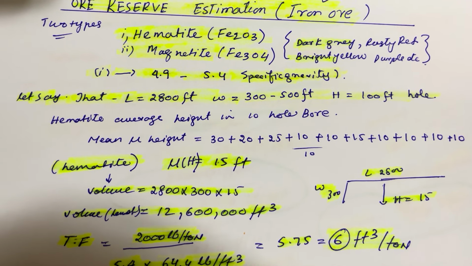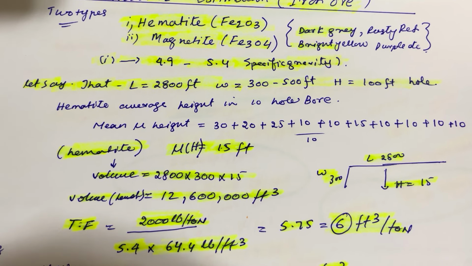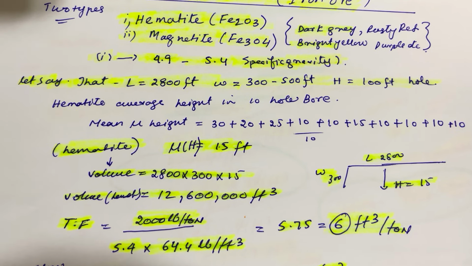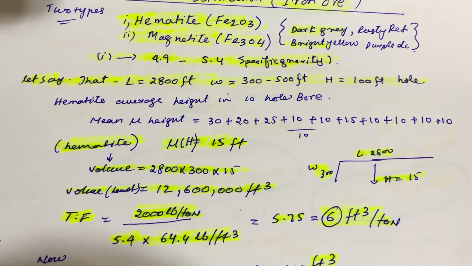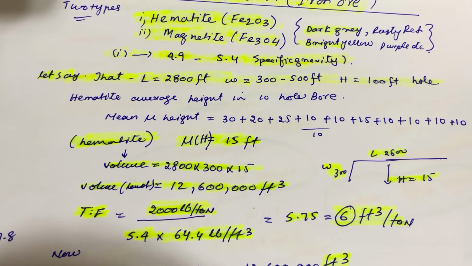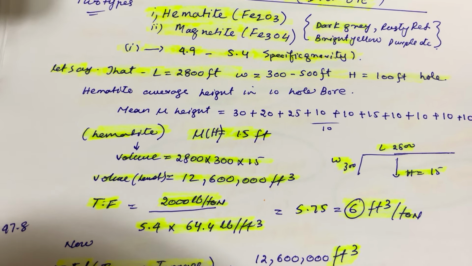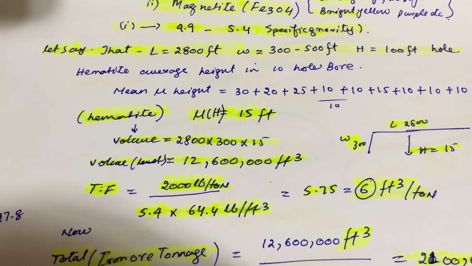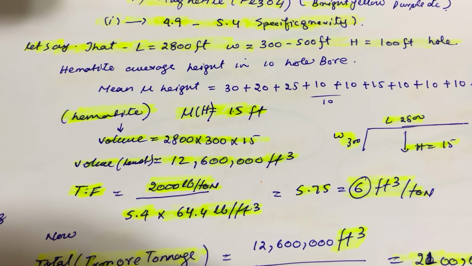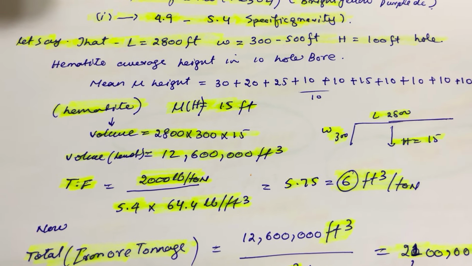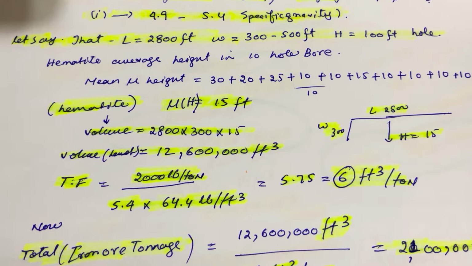If you see, the number 10 occurs 6 times, so this is the most frequent number in the data, the mode, which is another statistic. So the average height I got is 15. Volume of the whole area is 2800 multiplied by 300 into 15.